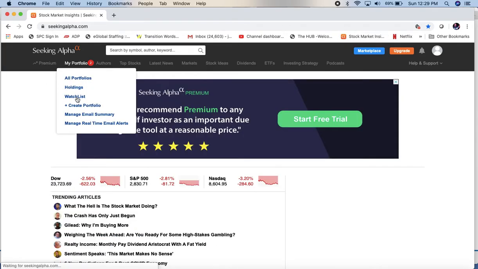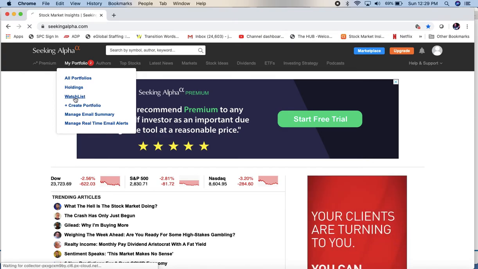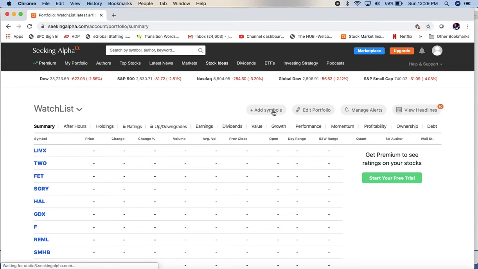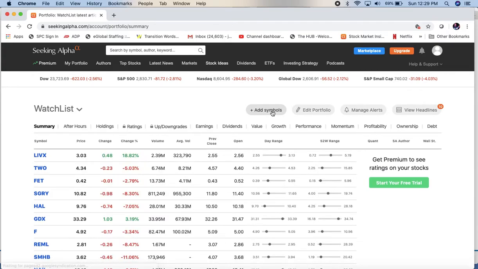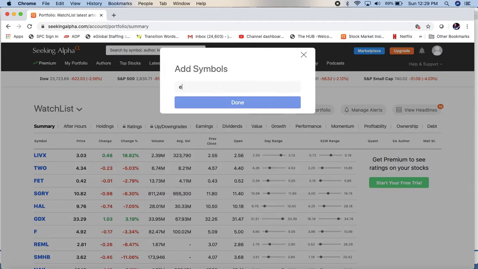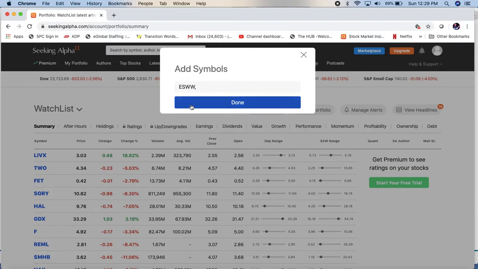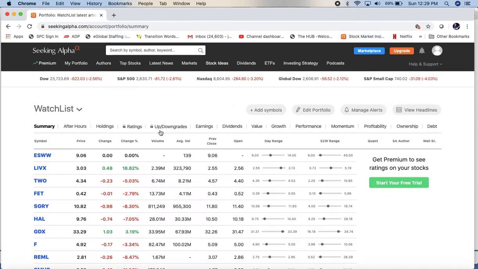I've got a holding and I've got a watch list. So watch list, I'm going to go there and I'm going to add a symbol because I want to add it onto this chart. So ESWW. It says that's the one. Yep, I click. I'm done. And ta-da! It's now there.